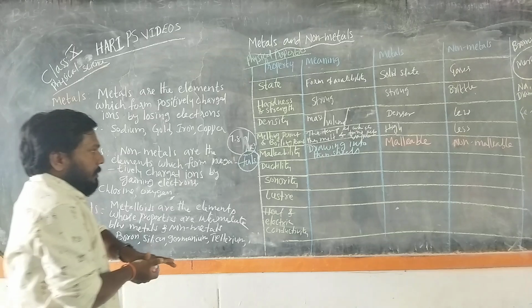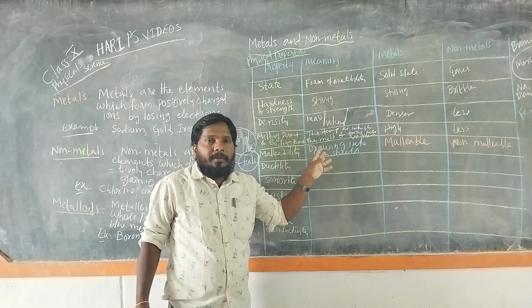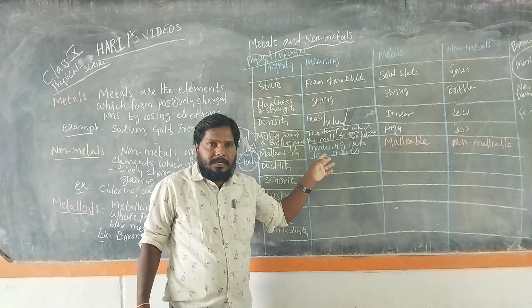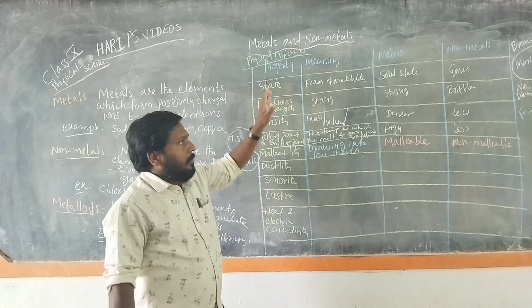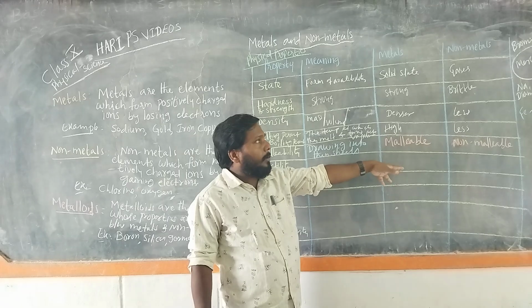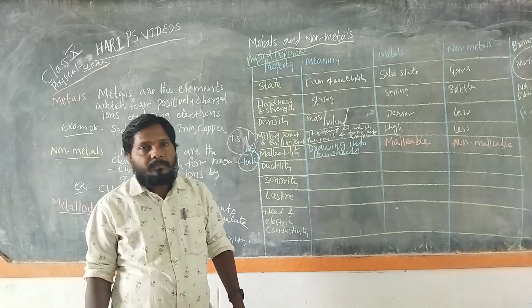I hope you understood. Malleability is the ability of a material to be drawn into thin sheets by hammering. Mostly metals are malleable, and non-metals are non-malleable.